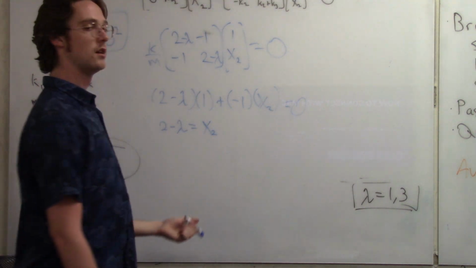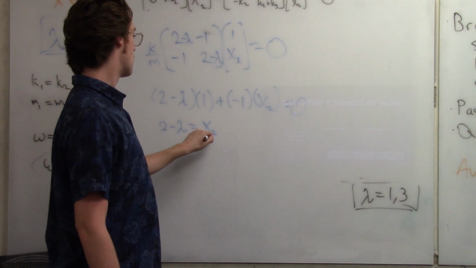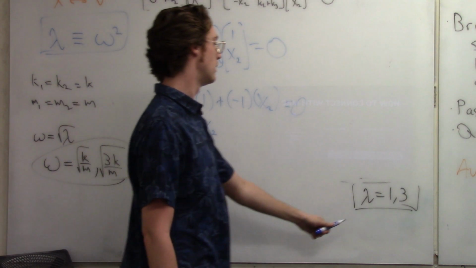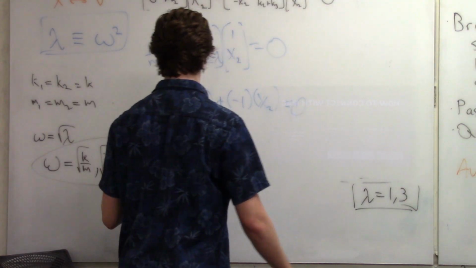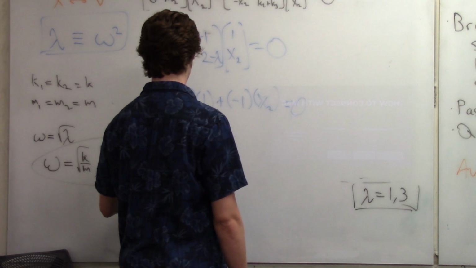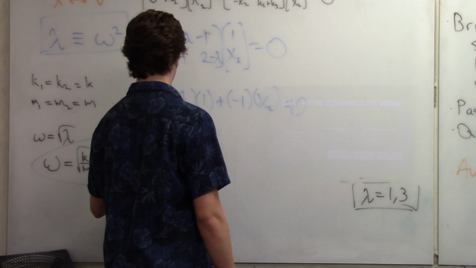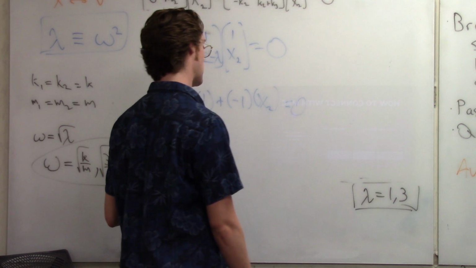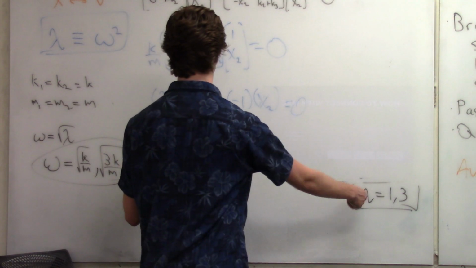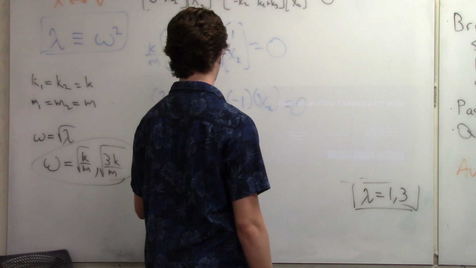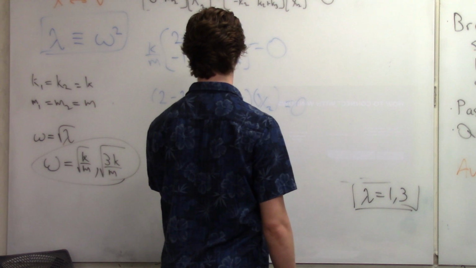Look at that. We've now determined our x2 in terms of our lambda, and guess what? We already have our lambdas right here. Therefore, our x is going to be 1 on top, and on the bottom we're going to have 2 minus 1, which is 1, or 2 minus 3, which is negative 1.